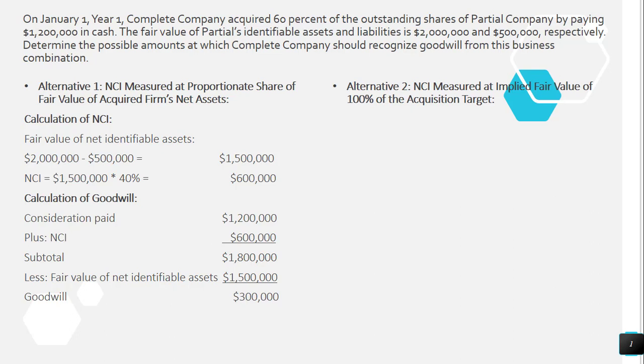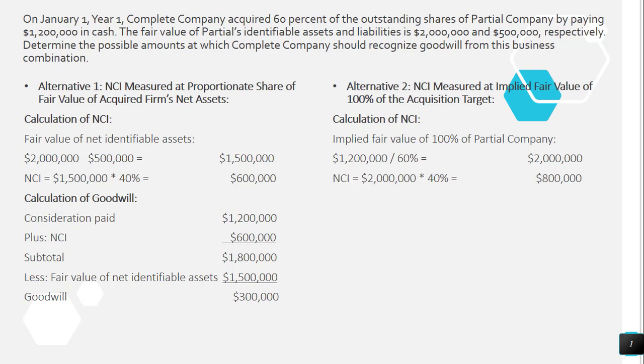Well, we can take the $1.2 million in cash paid for the 60% of the shares and divide that by 60% to get the implied fair value of 100% of Partial Company. So $1.2 million divided by 60% is $2 million, which is the implied fair value of 100% of Partial Company. Then we multiply that $2 million by the non-controlling interest percentage of 40% to calculate non-controlling interest of $800,000.